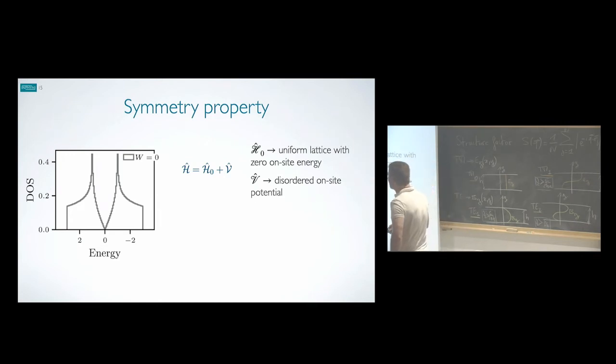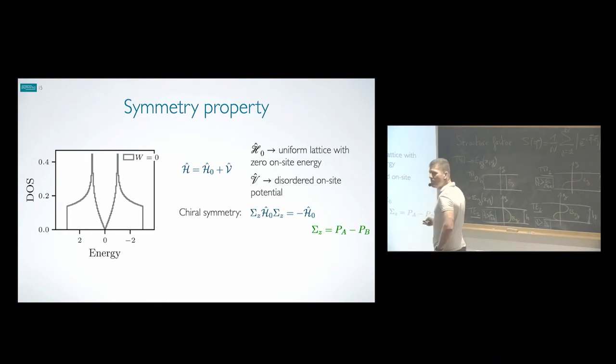Okay, for the honeycomb lattice without disorder, we have a well-known symmetry, which is called the chiral symmetry. If I define this operator, which is a Pauli-like operator, defined as the difference of the projector on the A side minus the projector on the B side. Why is it called a sigma z operator?